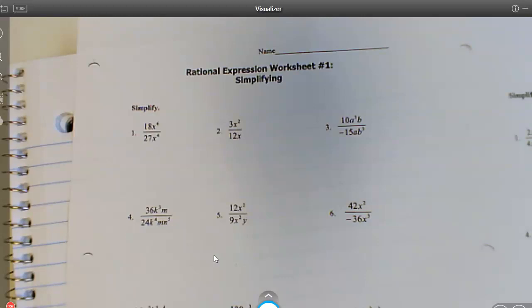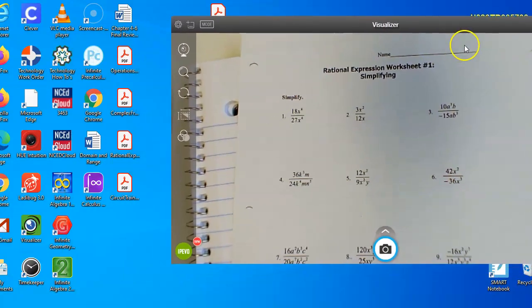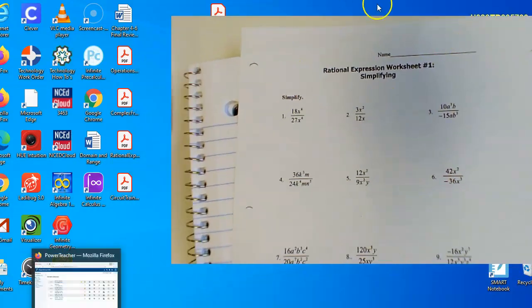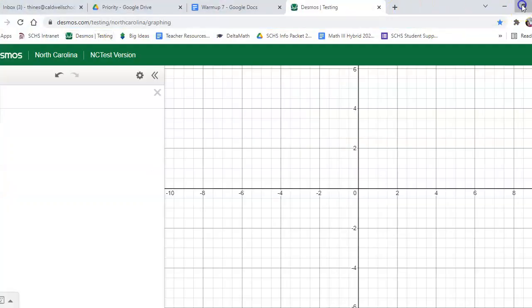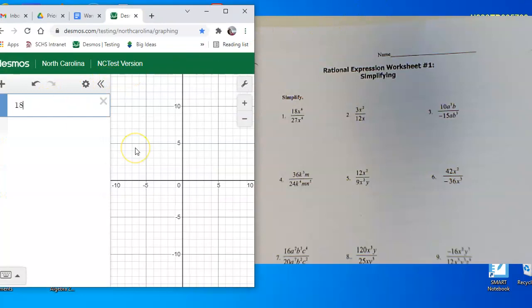Now, with the numbers, if you don't divide evenly, for example on number 1, 18 and 27, you can't divide evenly, you could just reduce it, figure out what number it will go into that you can reduce it by. Also, you can reduce it on Desmos, so let me show you that real quick. If I put 18 over 27 in Desmos, it does give me a decimal, but if I click that little fraction button to the side, it'll give me my fraction.